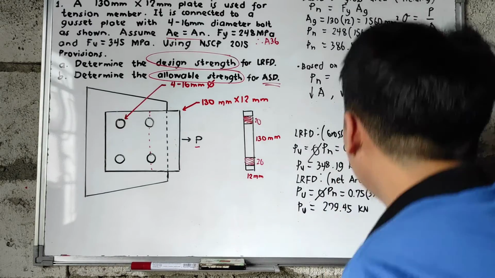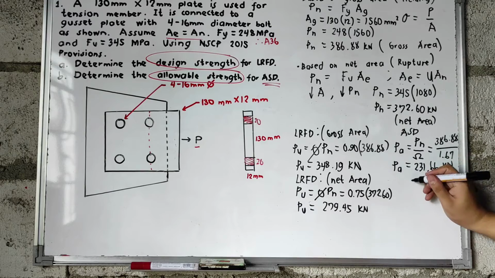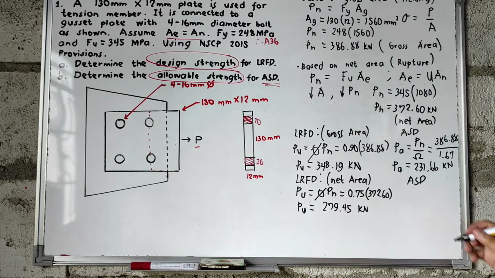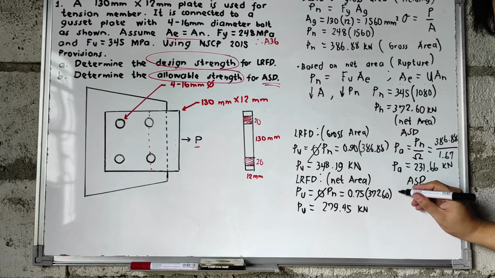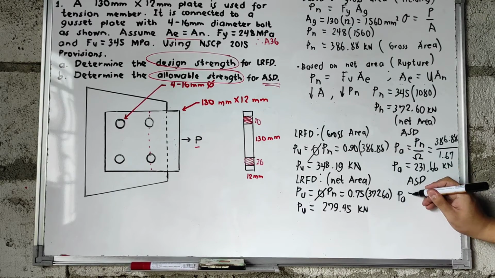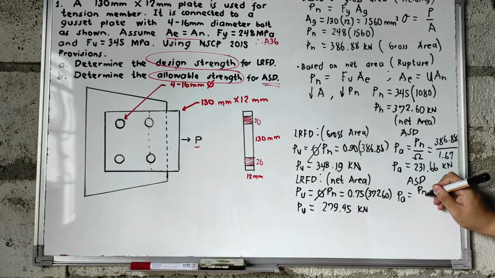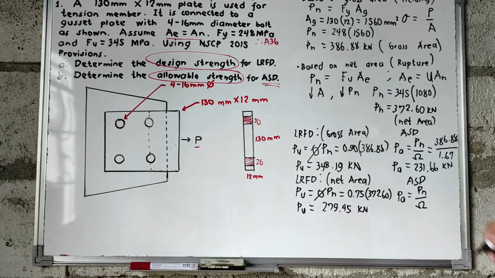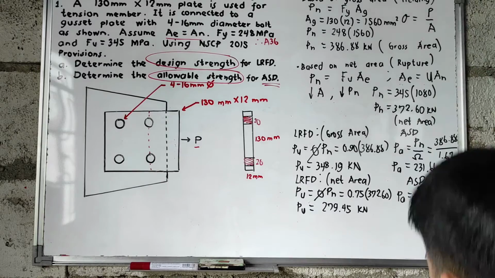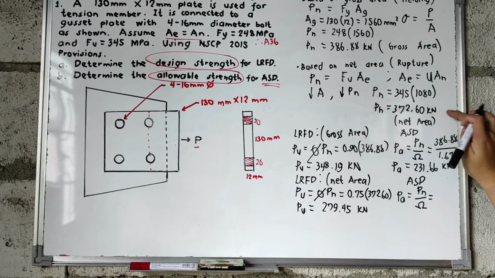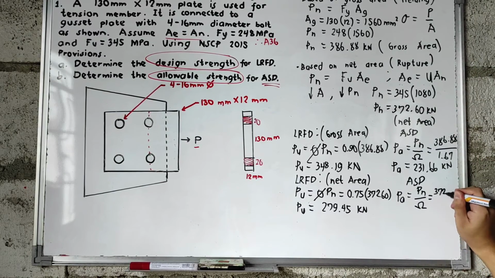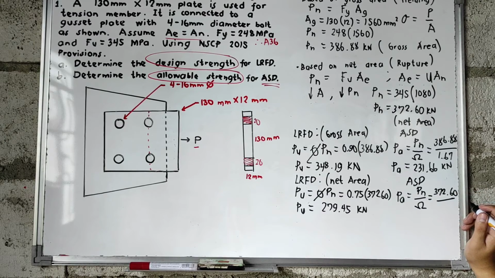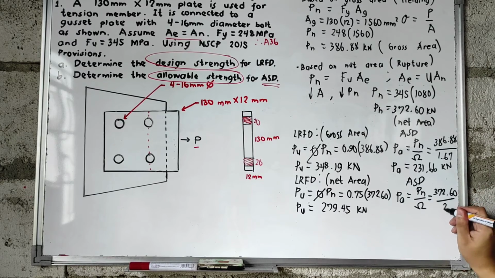kilonewton. On the other hand naman, using ASD naman, so kapag kinukuha natin yung allowable design strength natin, which is denoted by P sub A naman, that is always equal to P sub N divided by the factor of safety. So, yung nominal natin, that is equal to 372.16. And yung factor of safety natin, under sa net area, considering yung rupture, is equal to 2.